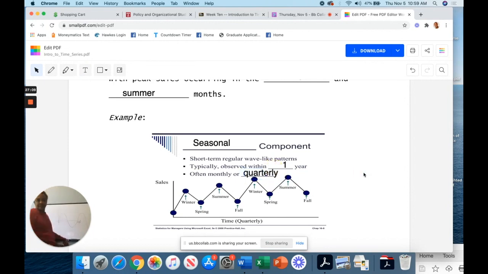And so in the diagram here, it looks like we have 2 years going on. This may not be the best illustration of it, but assuming that this cycle, from here to here, fall to fall, is a cycle, then what they're doing, according to this, is making a discussion of what's happening every quarter.